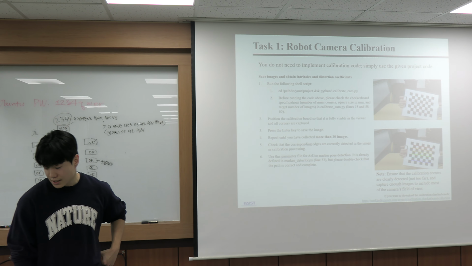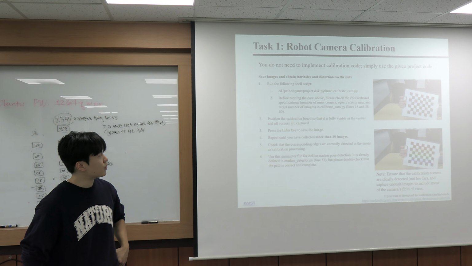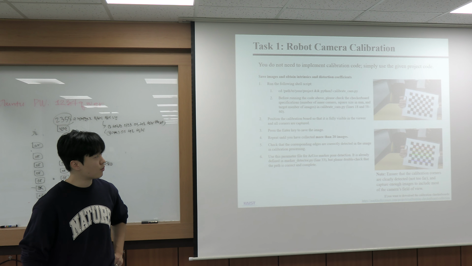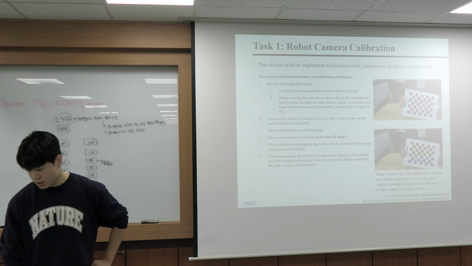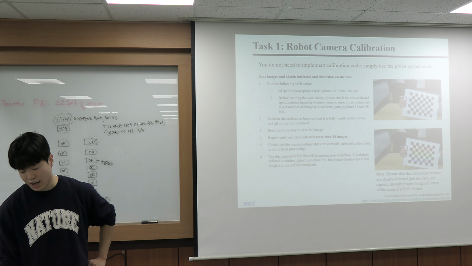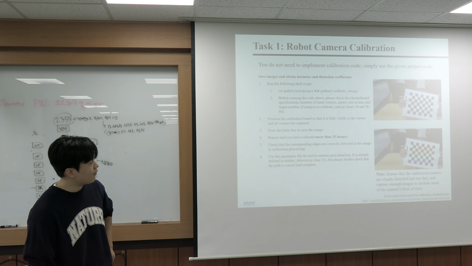So the first task is the camera calibration. For this task, you don't need to do any implementation. You can simply run the given project code. So the execution process goes like this. First you will run the calibrate_cam.py file.